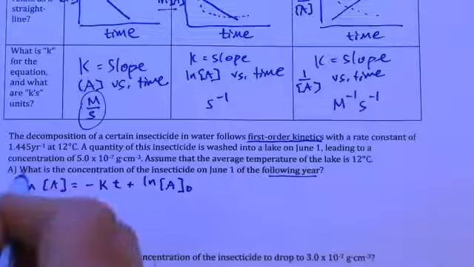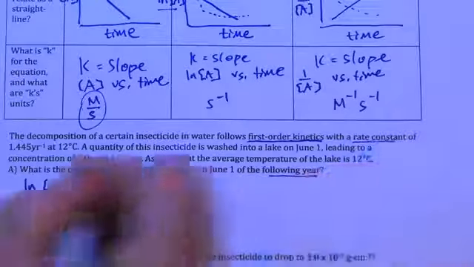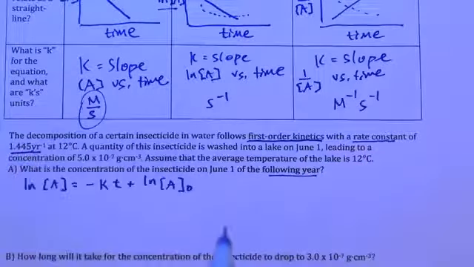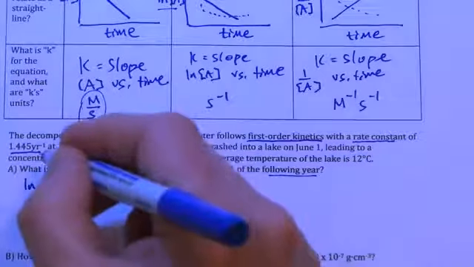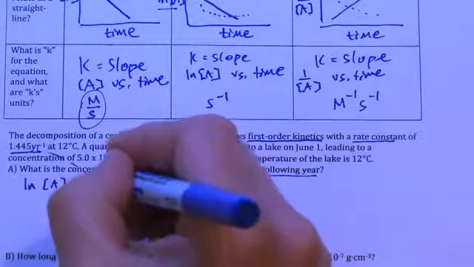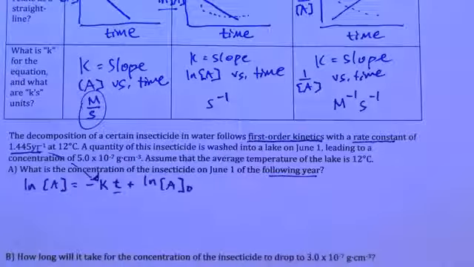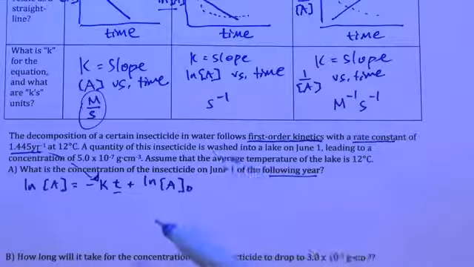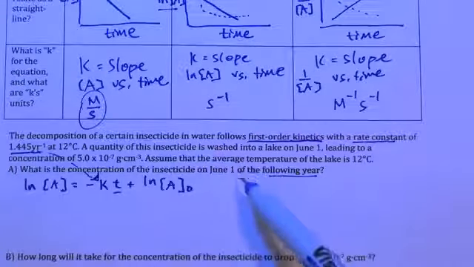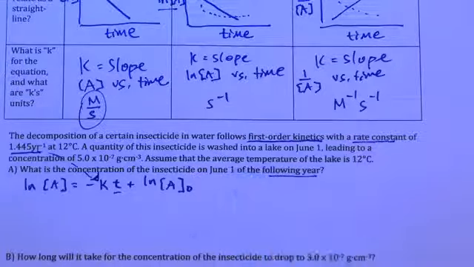Notice that the rate constant is given to us in per year for time. So we can plug that right in here, and our time is going to end up being in years. And since we're going from June 1st 1 year to June 1st the next year, T is going to end up being 1 year.